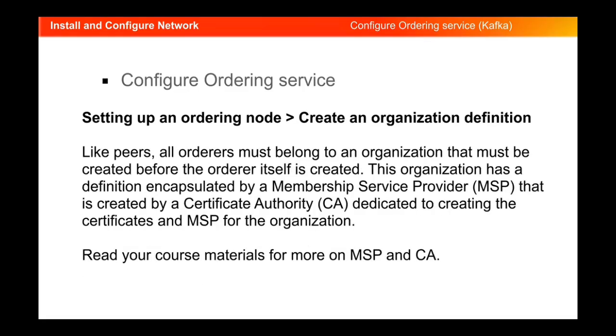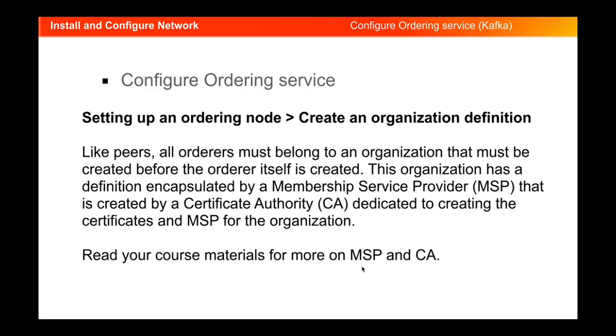So the first step in setting up an ordering node is creating an organization definition. Like peers, all orderers must belong to an organization that must be created before the orderer itself is created. This organization has a definition encapsulated by an MSP that is created by a certification authority dedicated to creating the certificates and MSP for the organization.